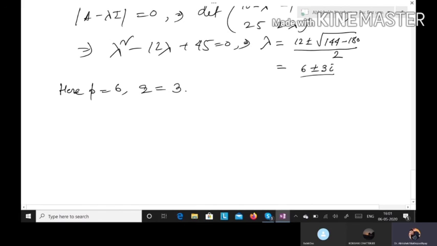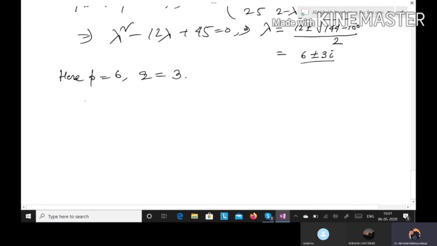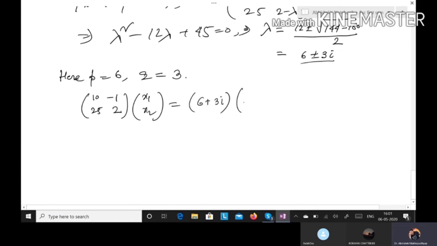So let us have this equation, that is Ax equals lambda x. What is lambda? First one is 6 plus 3i, with x1, x2. So now by doing simple calculations, we will get (4 minus 3i) x1 minus x2 equals 0.